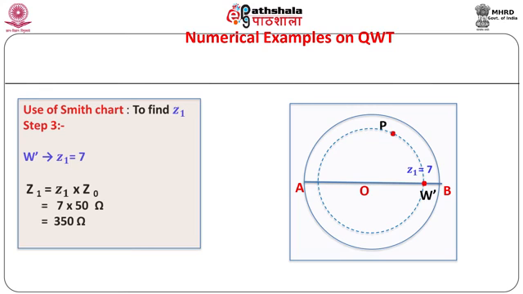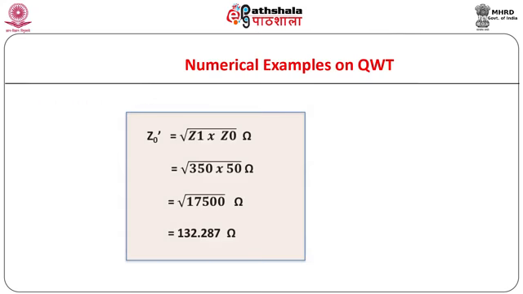Use this value of real normalized impedance z1 to obtain the required input impedance capital Z1 using the formula as shown. In the problem under consideration, we have Z1 is equal to 350 ohm. Thus, knowing the value of Z1 is equal to 350 ohm, we can obtain the required value of characteristic impedance Z0' of the quarter wave transformer using the relation derived earlier as shown, and the value comes out to be Z0' is equal to 132.287 ohm.